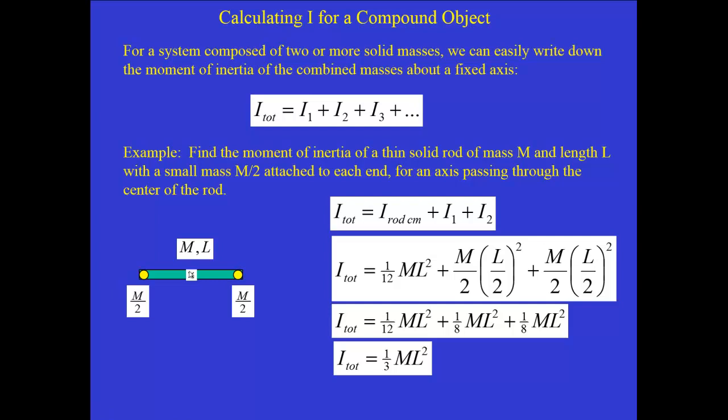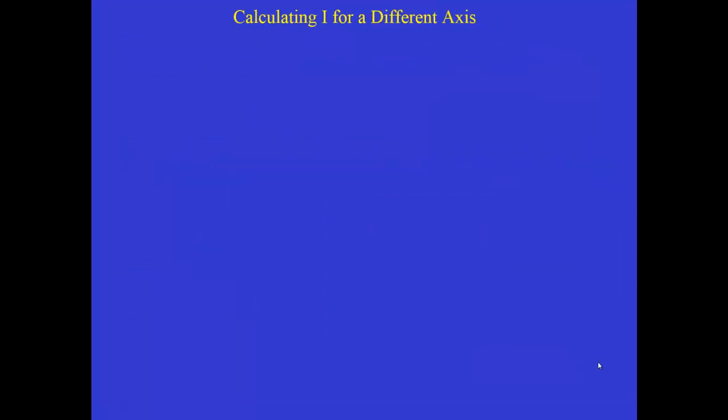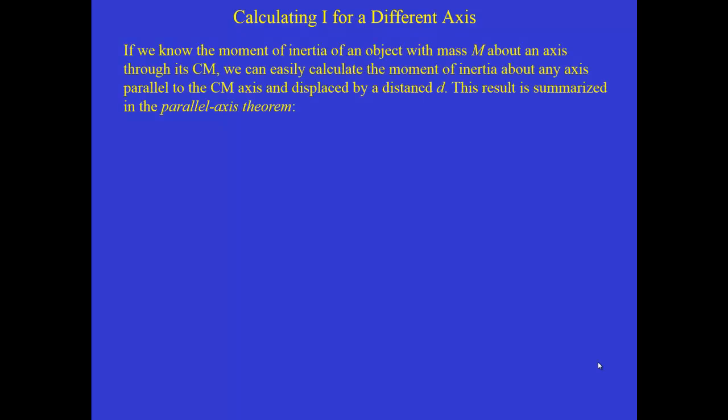You will often have problems where you might have a compound object, and so this simple approach gives us the total moment of inertia. And there's one more example where you might have to calculate the moment of inertia, and that is about a different axis compared to the axis that goes through the center of mass of an object.